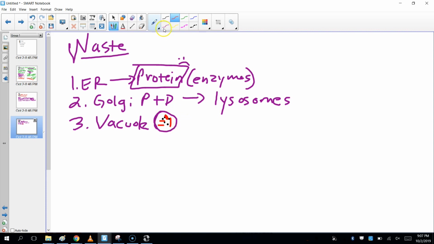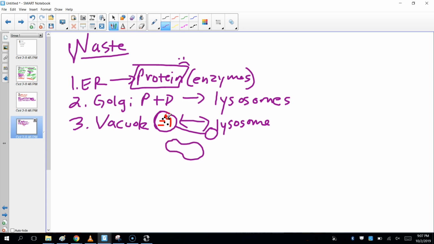And what it'll do is it will fuse the lysosome and the vacuole will fuse. Okay, so here's a lysosome, here's the vacuole, and they end up fusing.